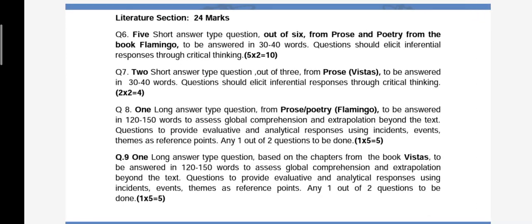Section B2 has the literature section. Marks allotted here is 24. Question number 6 of Part B: 5 short answer type questions out of 6 from prose and poetry from the book Flamingo to be answered in 30 to 40 words.